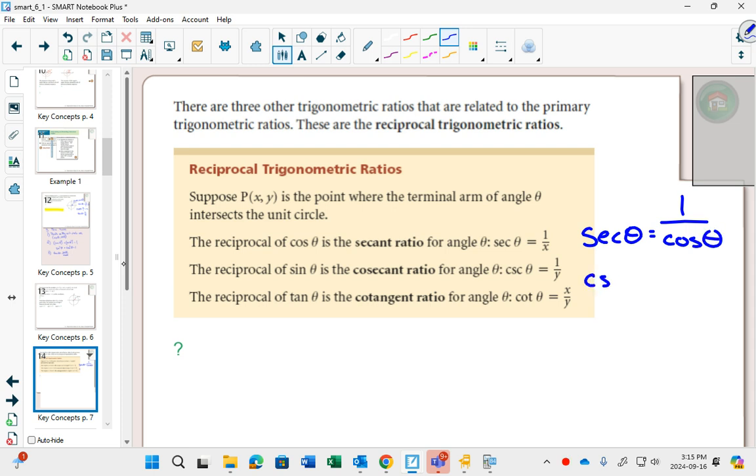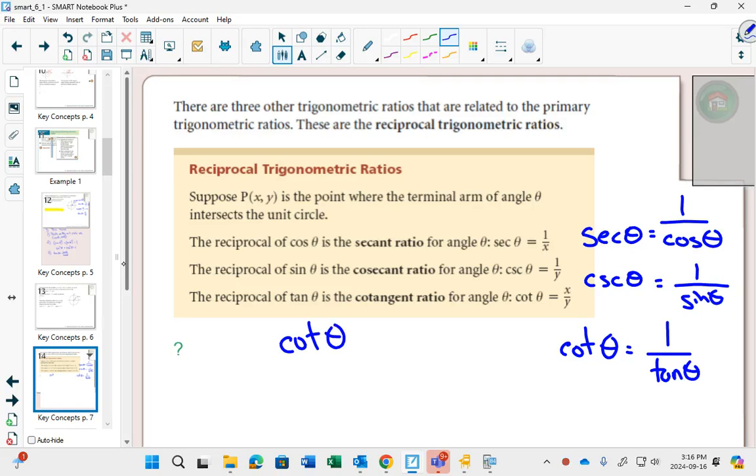Cosecant theta is the reciprocal of sine theta, and cotangent theta is the reciprocal of tangent theta, which also means, from our big idea, that if tangent is sine theta over cos theta, then cotangent will be the reciprocal, cos theta over sine theta.